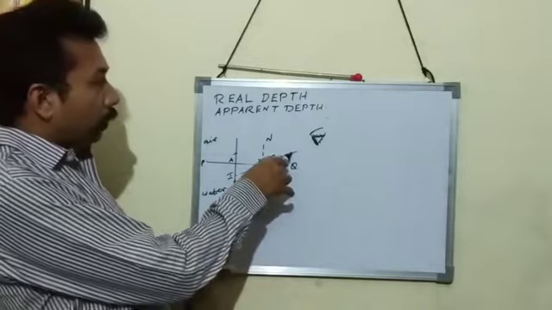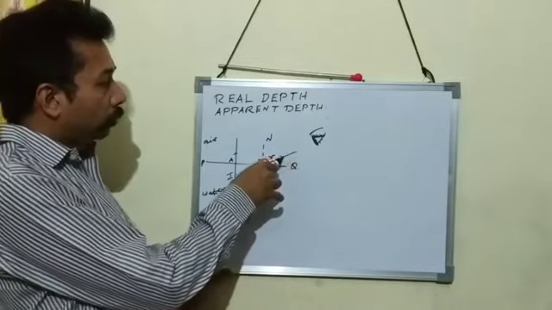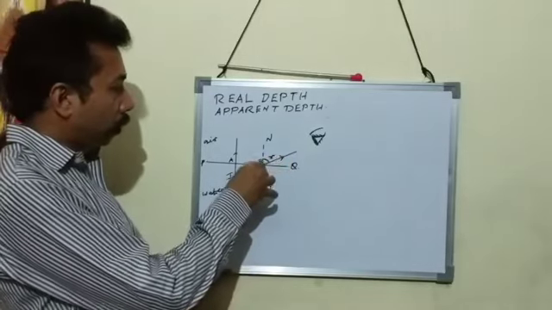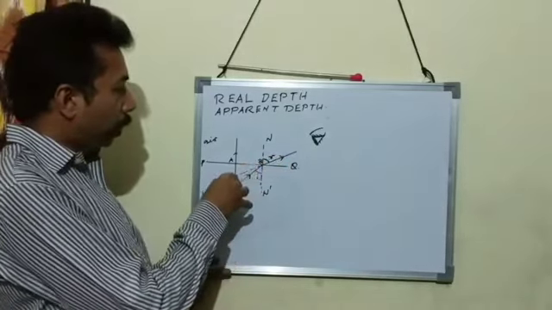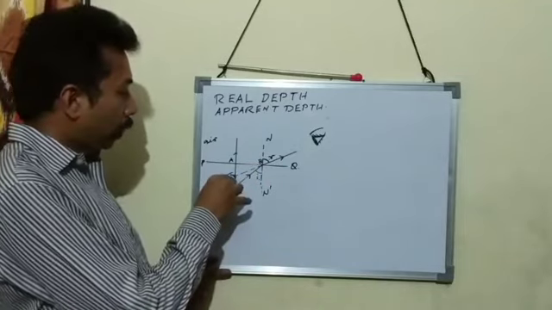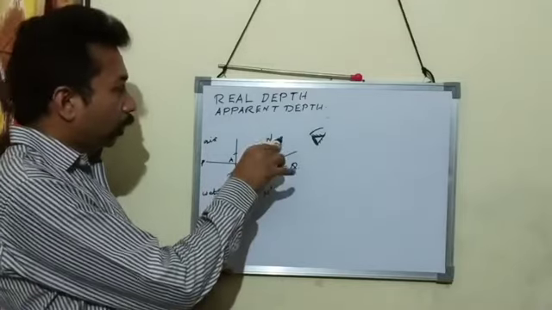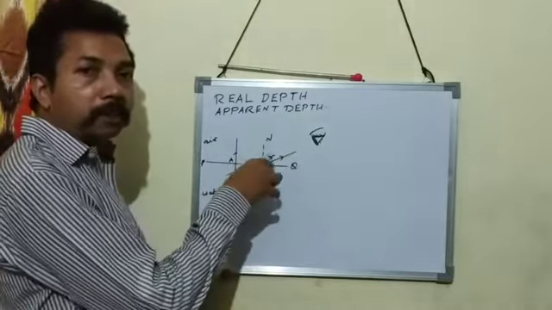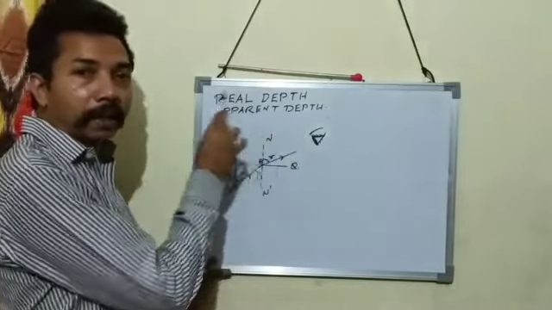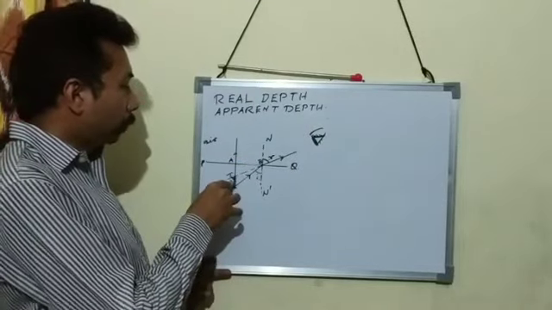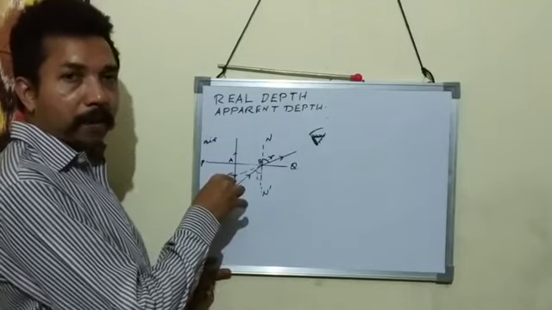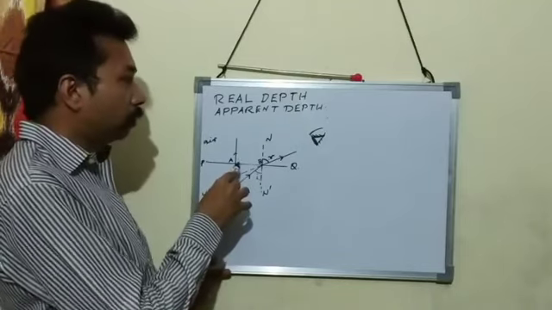Now this refracted ray, I produce it backward. On producing it backward, it appears to meet at this point. So when we look at the object from the rarer medium, this object appears to be at this position, that is marked as I. I is the image of this object.